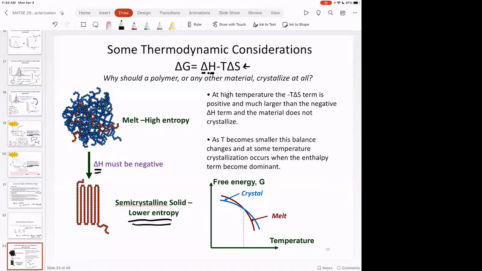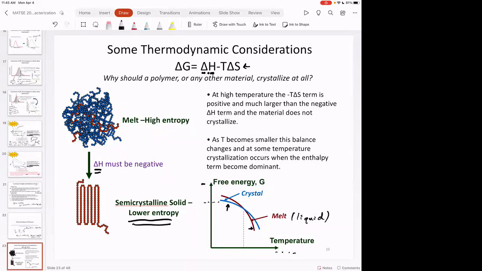And that's really interesting if you think about the free energy as a function of temperature. You can map this out for crystals and melts. At low temperatures, you're going to have crystals because they are lower in free energy. And the system always wants to seek the lowest free energy state. At higher temperature, the melt, or liquid, has the lowest free energy, and so that's going to be more thermodynamically favorable.